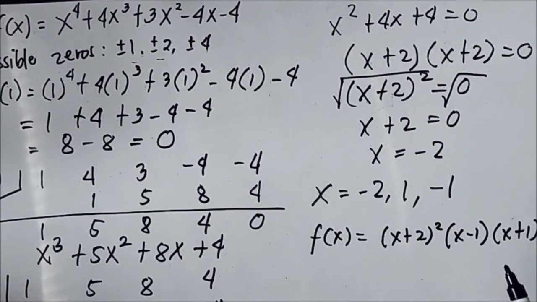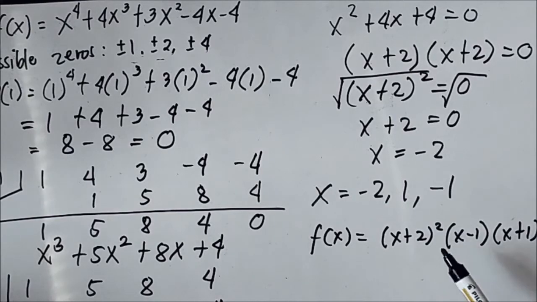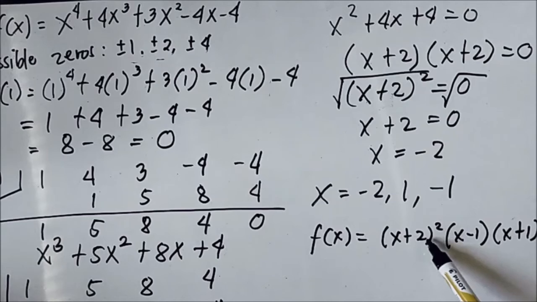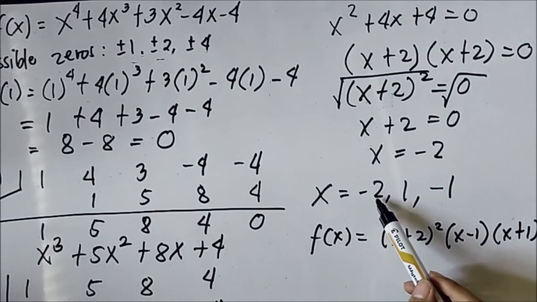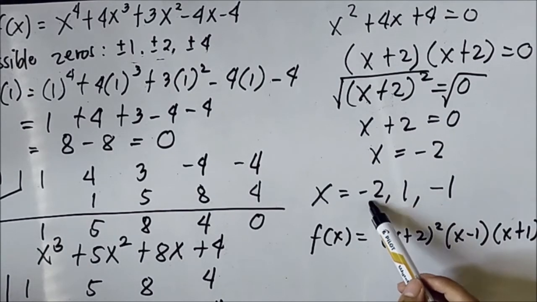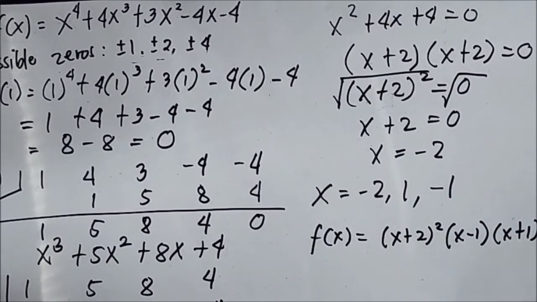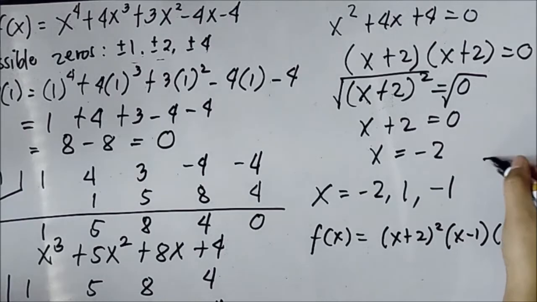This is in the factored form. So let's count how many zeros we have. So we have 4. Since we have a multiplicity of 2 here, 2 will repeat. So we have 1, 2, 3, and 4. Okay, so these are the zeros.